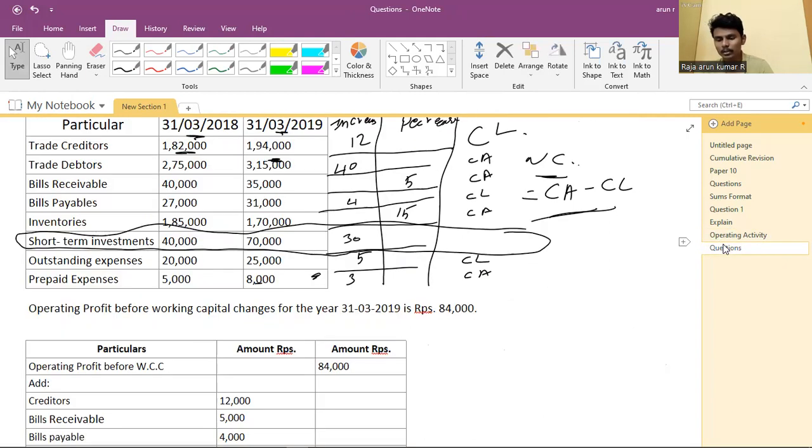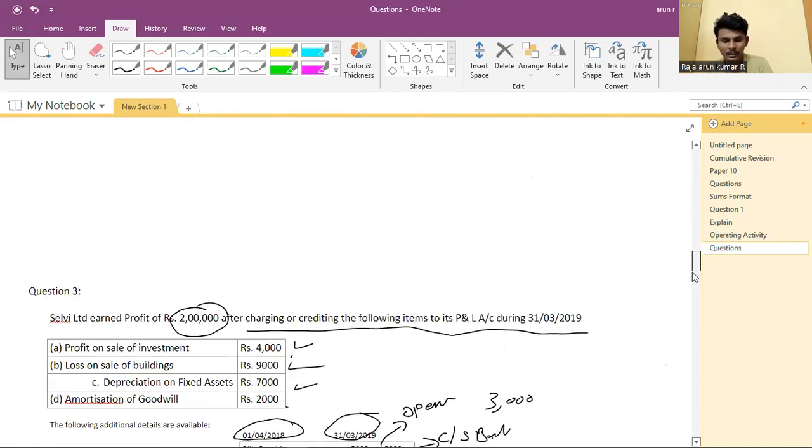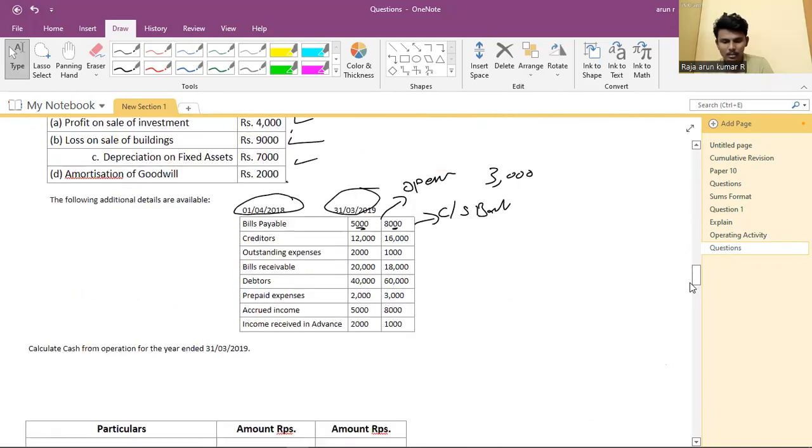Accordingly we do the sum in the second sum and go to the third sum. Like that, the same concept you can understand. Like that we do this sum also.